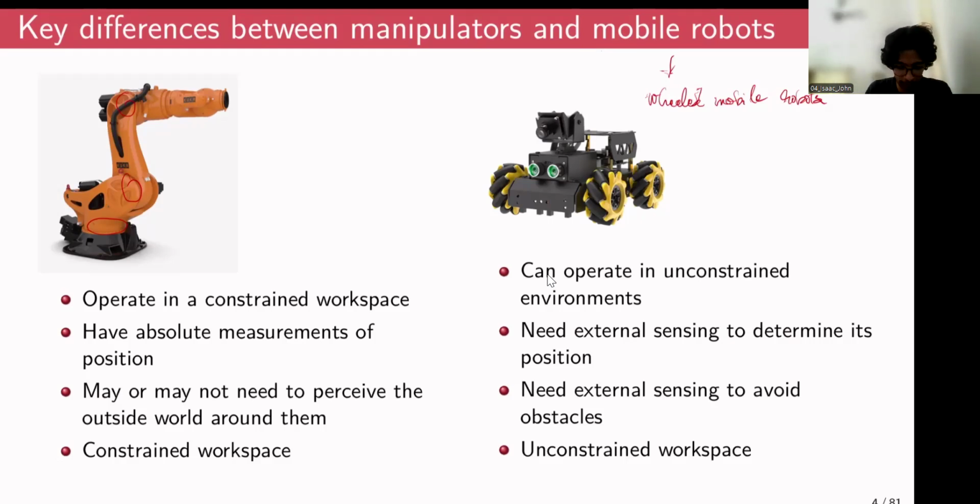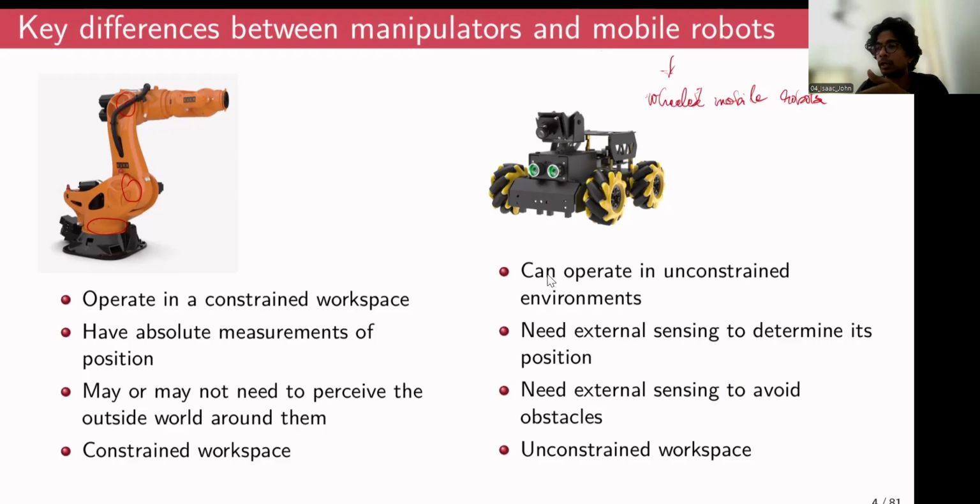Depending on the use case, it may or may not need to perceive the outside environment. But a mobile robot certainly requires external sensing to avoid obstacles, because for a mobile robot, everything within the environment is highly dynamic, and the behavior of the obstacles cannot be premeditated or predefined.